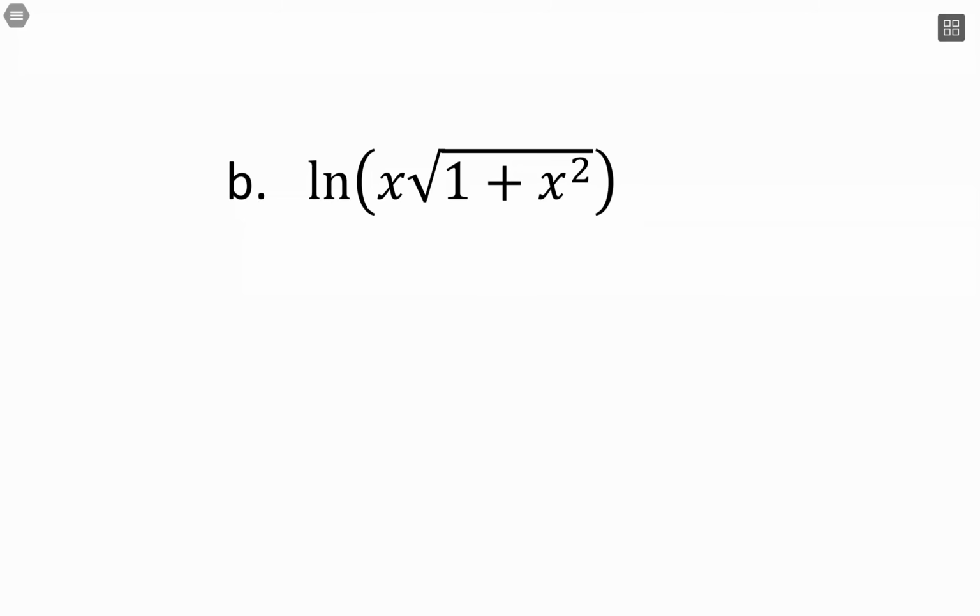All right, this next example here, so what we have inside our logarithm is multiplication. We have this value of x times this radical expression here. So we have multiplication inside, and what that can work together with is the idea of addition outside.